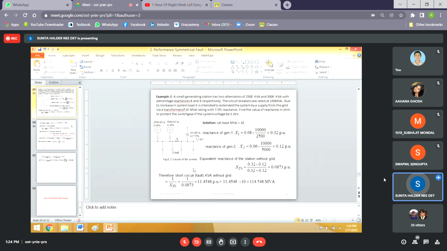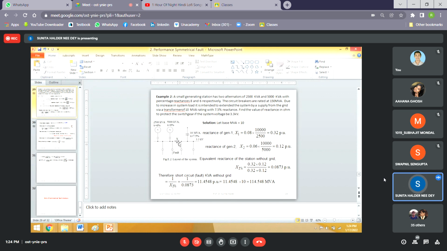So this is the end of the fault calculation. You must try. There may be several types of problems on short circuit calculations and the calculation of reactors. Only the configuration will be different. Why am I telling you this repeatedly? Because if you do not practice on your own, you will not be able to understand where it is series and where it is parallel.